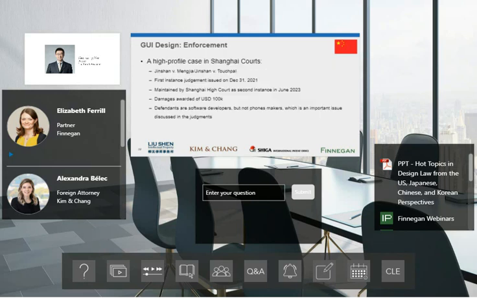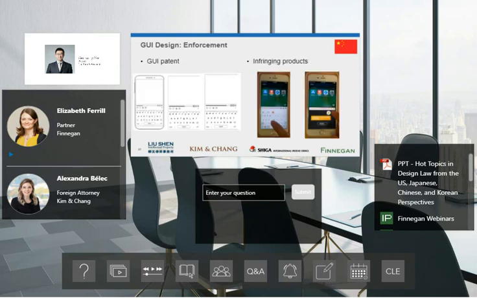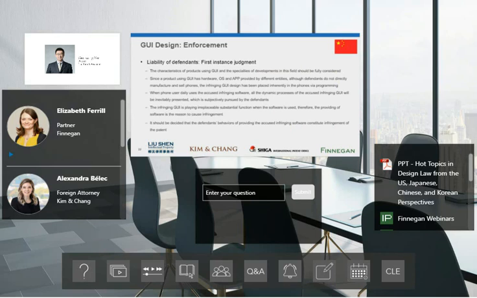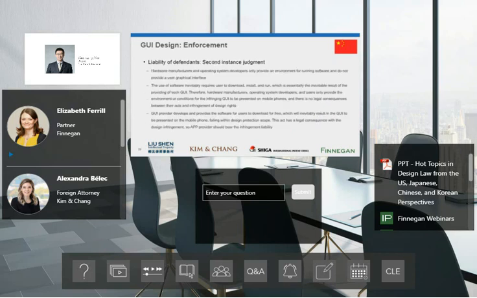So there's a high-profile case in Shanghai court, and in this case, the court finally decided that although the app is carried by the phone, the infringing product should be the app, the design of the app.